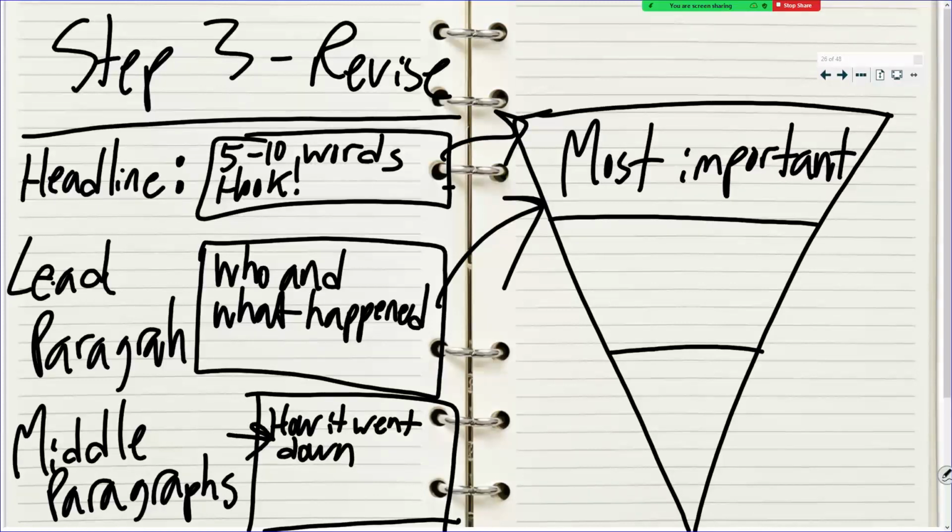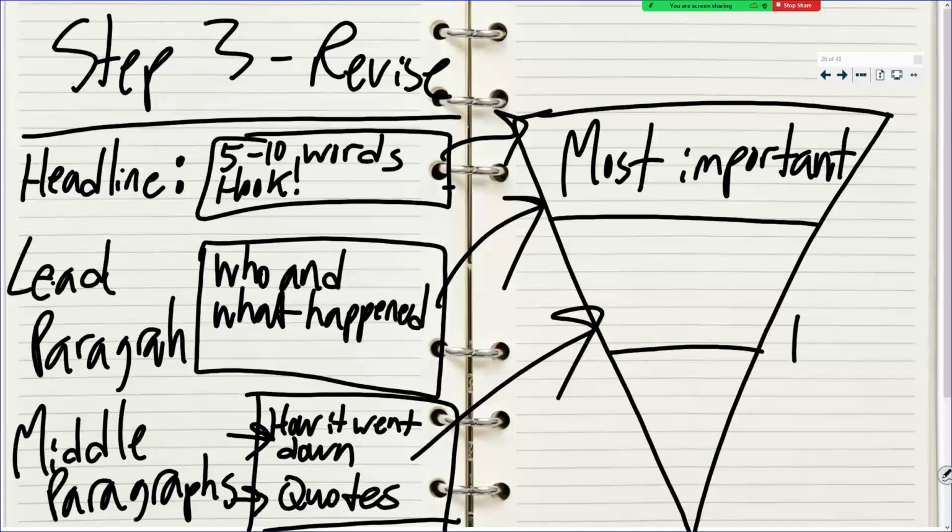And then you're going to have your quotes in here too. So we're talking about how it went down, getting some quotes, and then we're going to have our final paragraph. Might be 1 or 2.